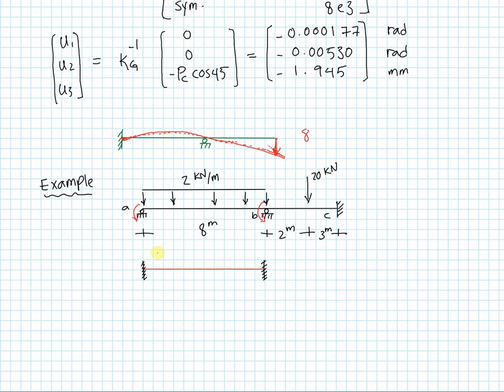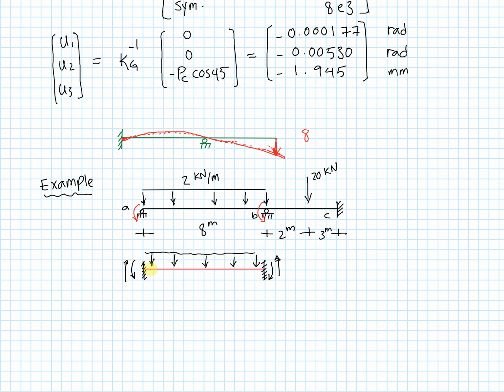And what that means is that now that I have this distributed load, I need to know what my forces are at the locations of the fixes. So I need to know what these moments are, in this direction, and I need to know what this vertical support reaction is.